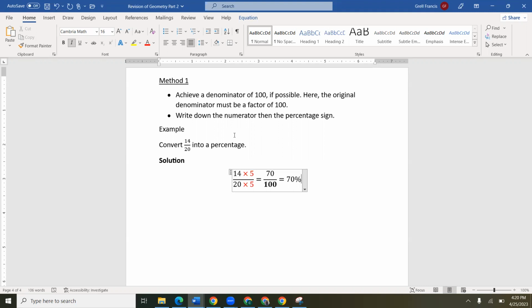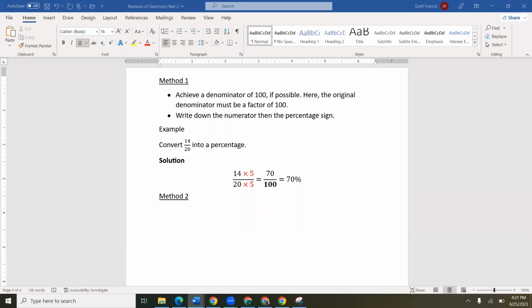Now, what if the denominator is not a factor of 100? So let's check method number 2. Method number 2: what you simply do is multiply the fraction by 100%.